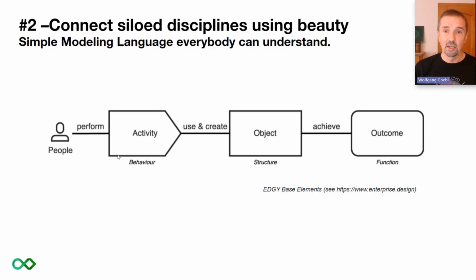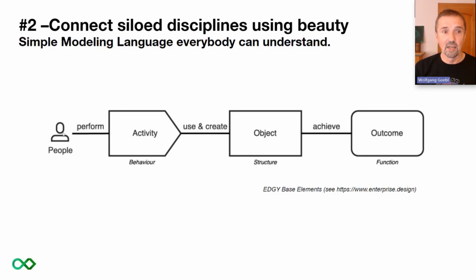We say you need only 4 elements, and those 4 elements, you can't argue against them. You have people performing activities that use and create objects like IT, servers or machines or buildings and raw material and so on. So those are objects to achieve outcomes.